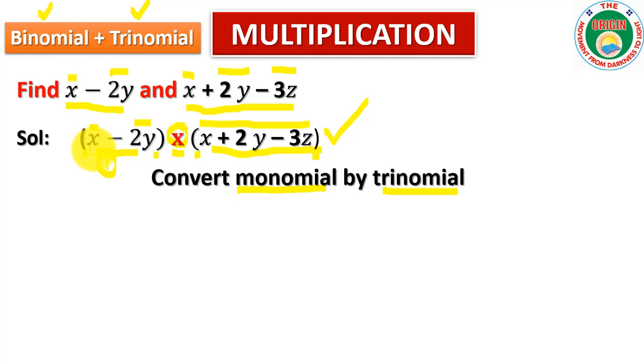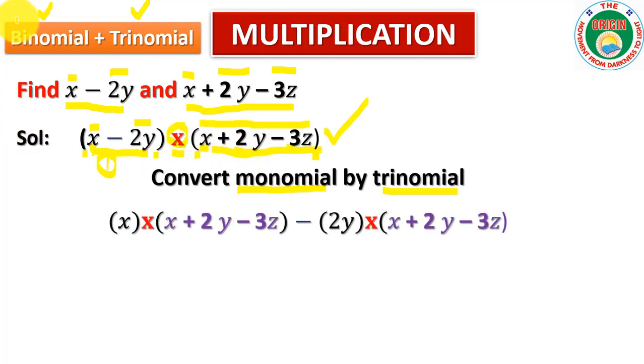You multiply x with each term: x into x, x into 2y, x into minus 3z. X completed. Next, multiply 2y with x, 2y with 2y, 2y with 3z. Before that, you should multiply the signs also.